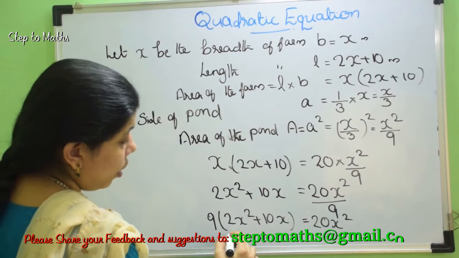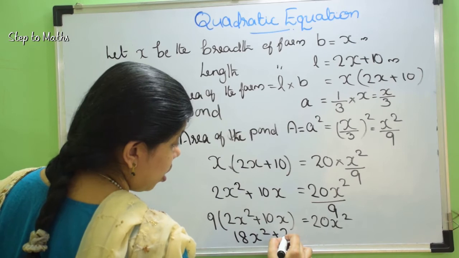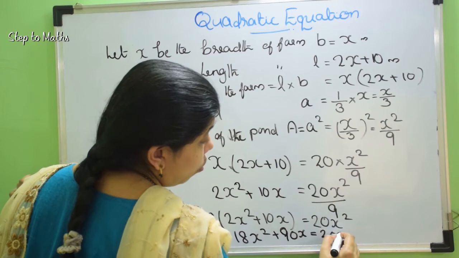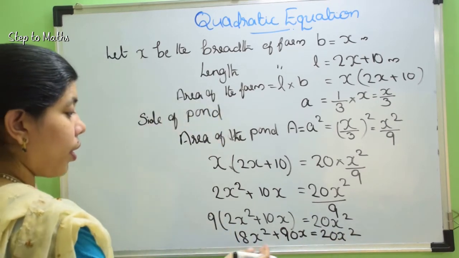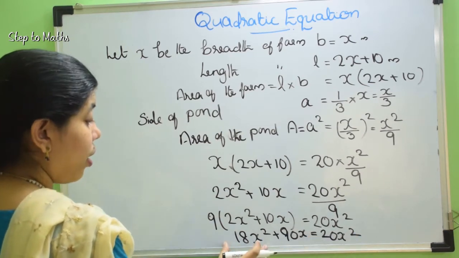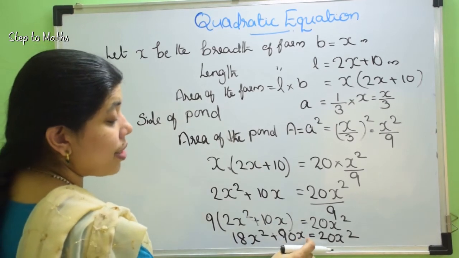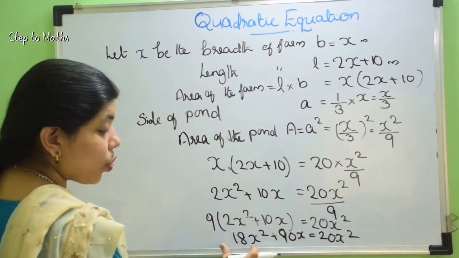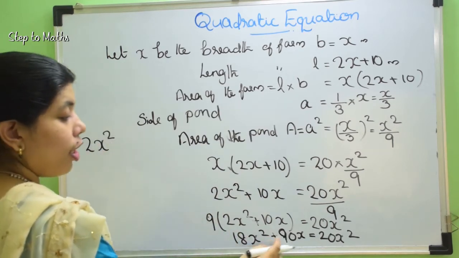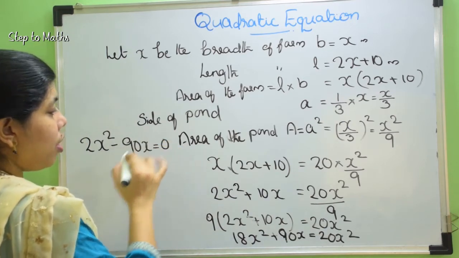This is 18x square plus 90x equal to 20x square. That is 20x square minus 18x square is 2x square, minus 90x is equal to 0.